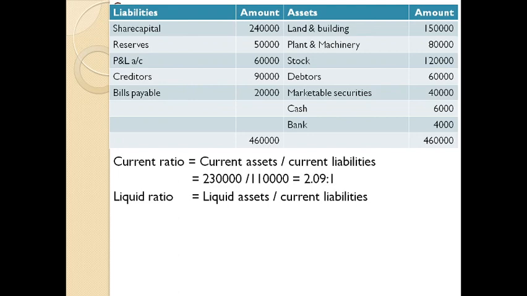I hope you all know what is meant by liquid assets. From the question, you can say that debtors, marketable securities, cash, and bank come under liquid assets. Just remember what the examples of liquid assets are, and current liabilities.